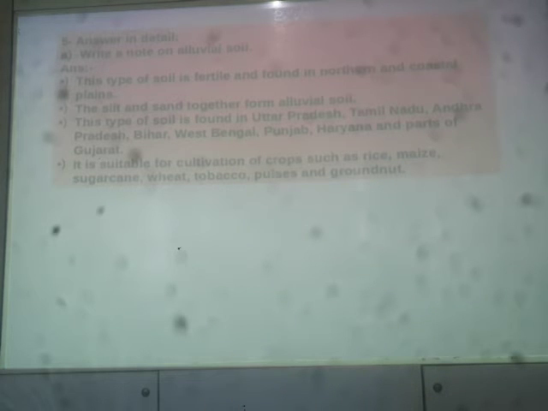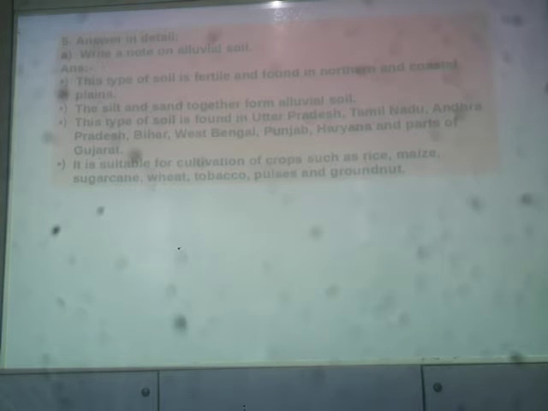First of all, this type of soil is fertile and found in the northern and coastal plains. In which region is it found? It is found in the northern and coastal plains.